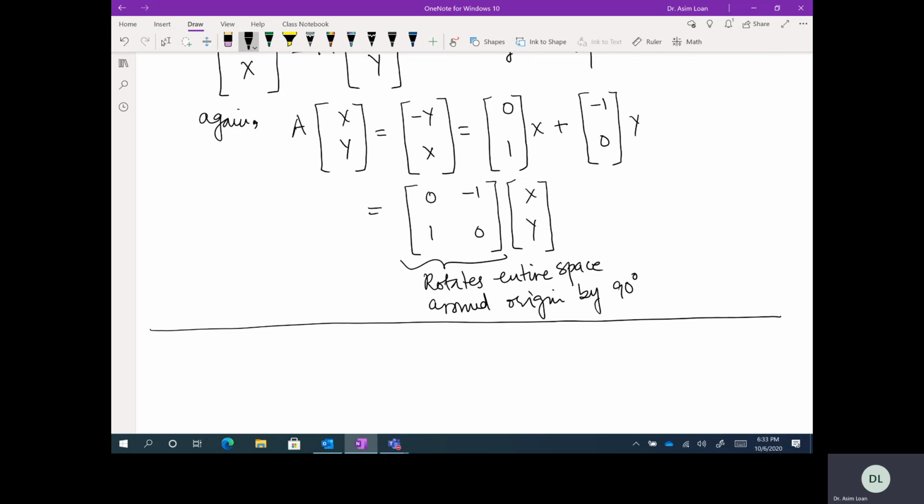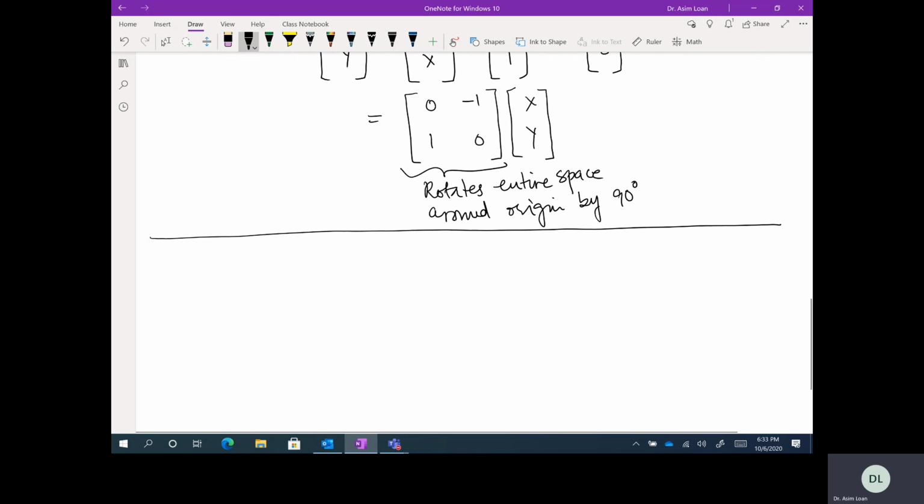The third matrix is a projection, a projection onto the x-axis.